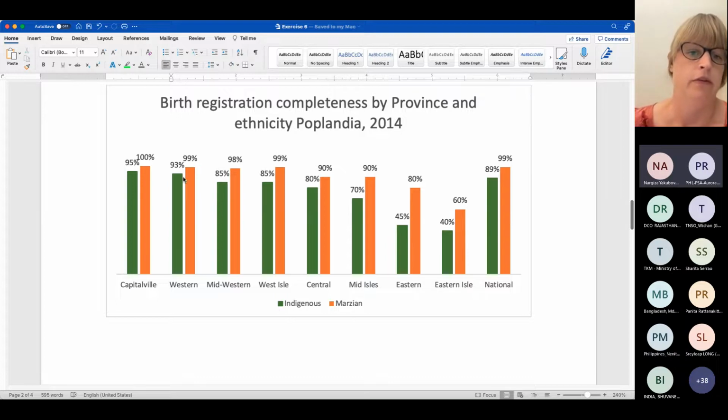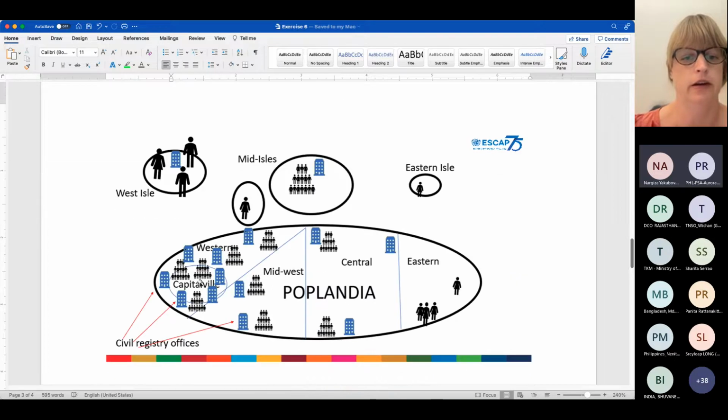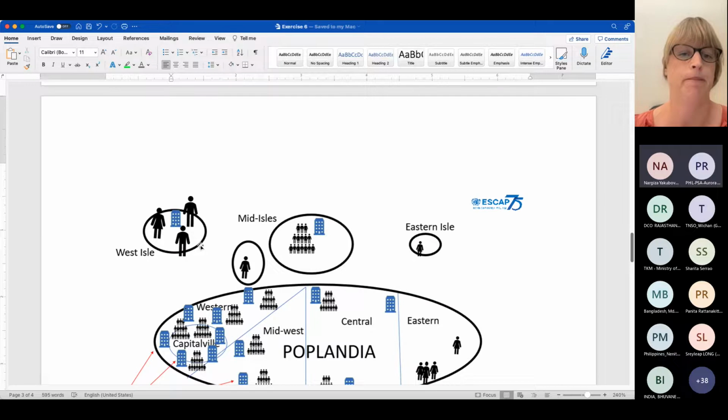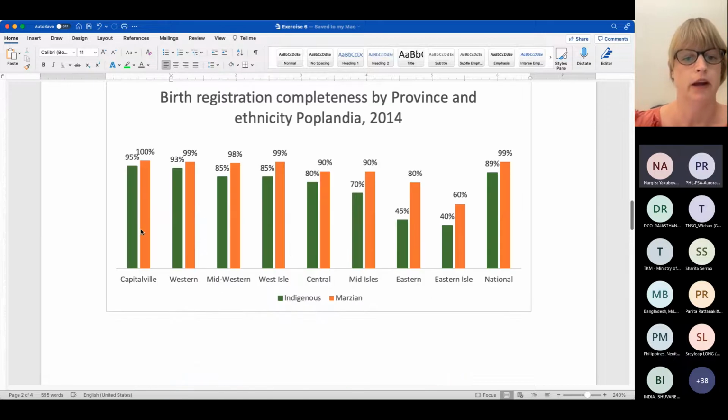Similarly, when we look at the capital, we see a lot of offices in the Western province and the capital, so we would expect access not to be an issue. In which case we would expect, again, similar rates of registration, and those rates to be very high. They are high for the Western province and the capital, but we still see a differential between ethnicities, with Indigenous lower than Marzian.